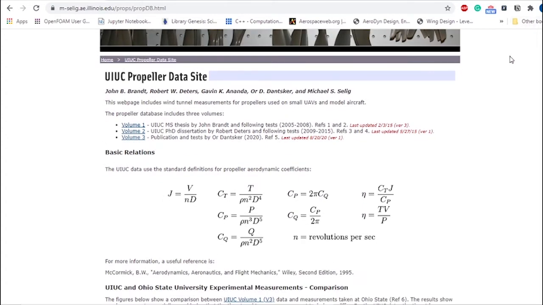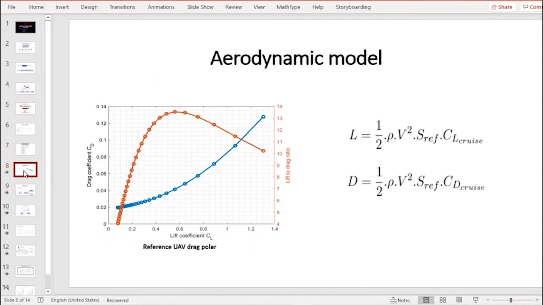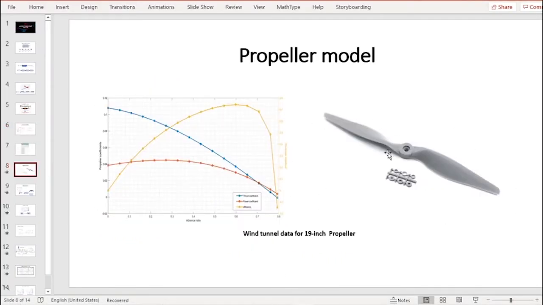The propeller that I have chosen for this study is the 19-inch propeller, and the representative characteristics of this propeller are plotted on the left hand side. We can see the variation of the thrust coefficient, the power coefficient, as well as the propeller efficiency.